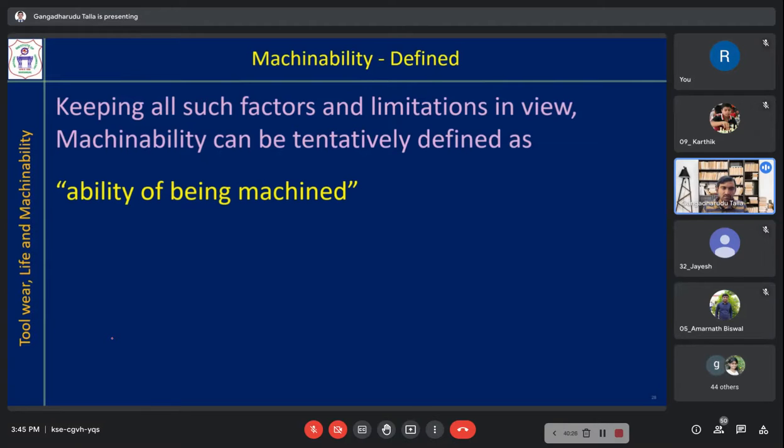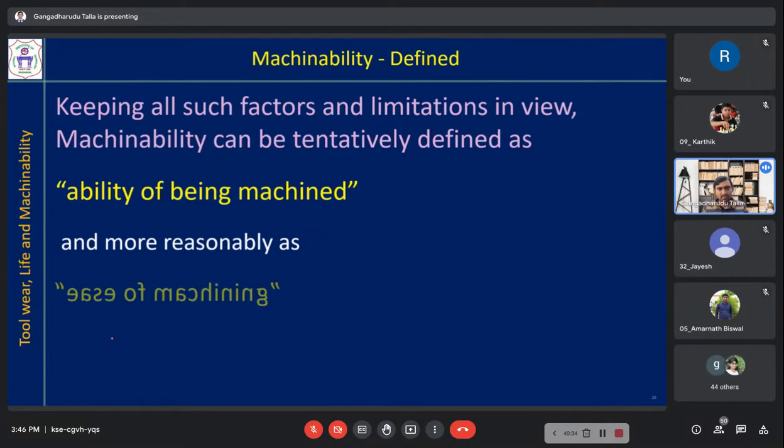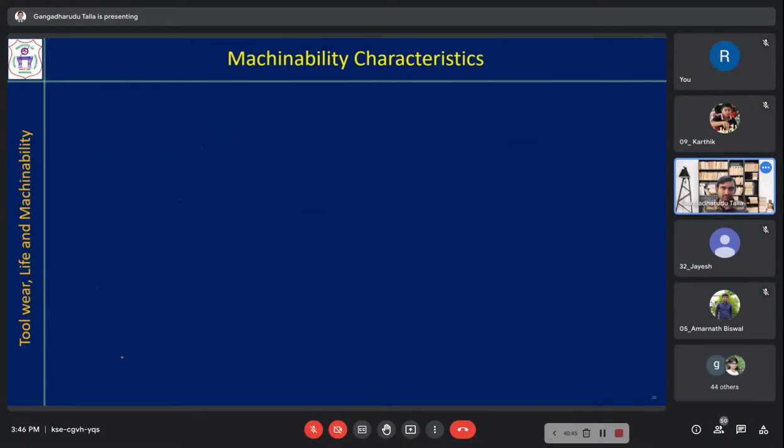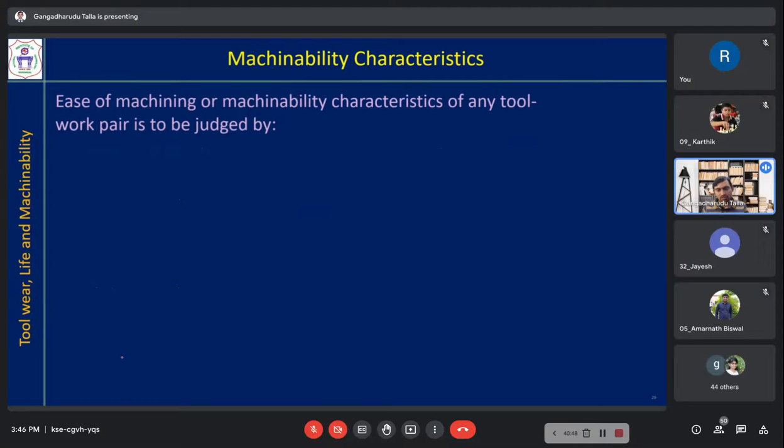A simple definition is the ability of being machined, and you can also define this as ease of machining. Machining ability is machinability, that's it. The ability of being machined. So how do you quantify it? Using MR, the machinability rating.